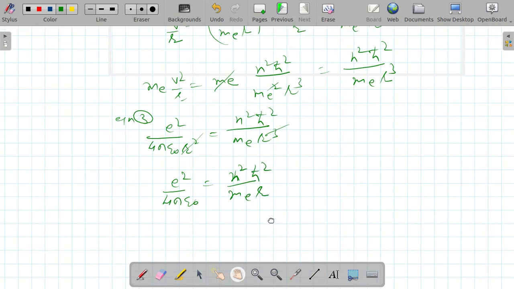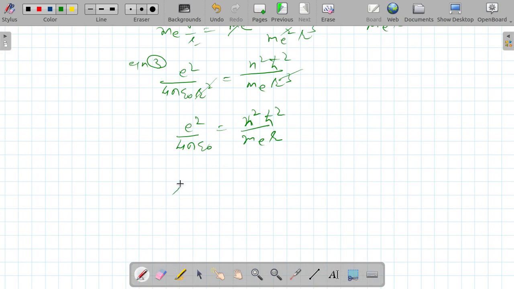So from here I can calculate the value of r. I bring this towards that side, and this towards that side. So r comes out to be 4 pi epsilon naught n square h cross square over me e square.